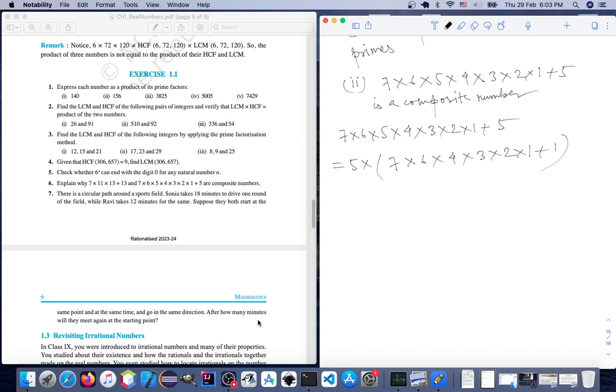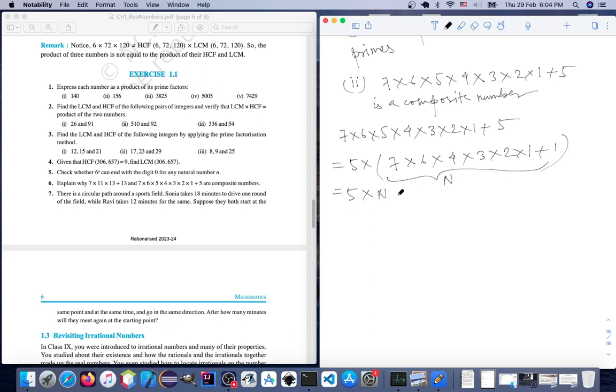Let's say whatever this part is, let's call it n. So we get 5 into n.